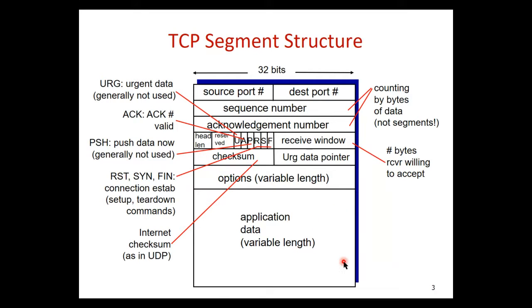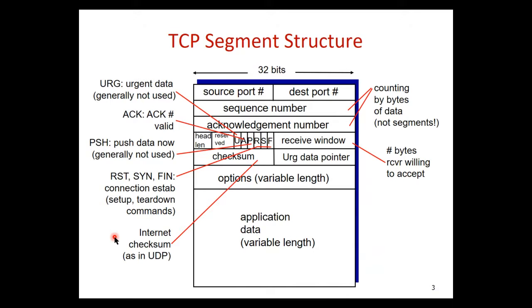So the HTTP request message is handed over to the TCP socket, and TCP will receive that HTTP request message and add this TCP header to it. The whole thing is called a TCP segment.